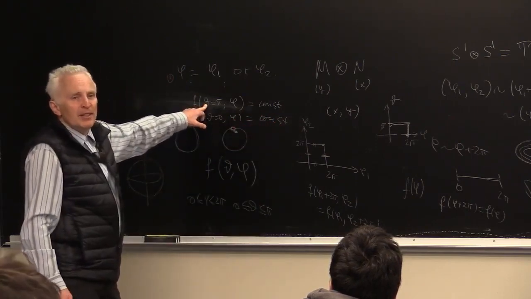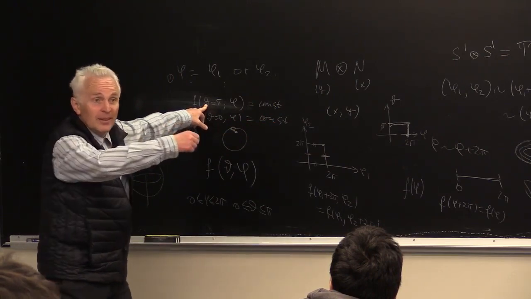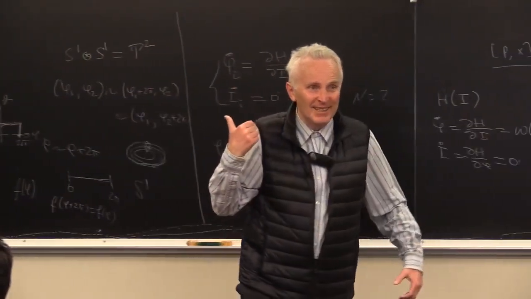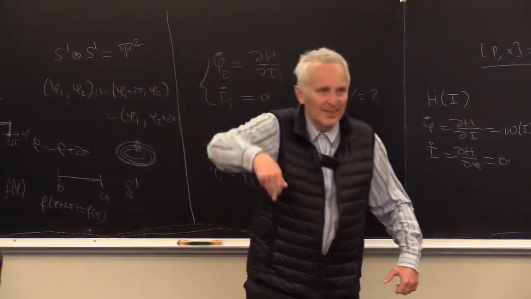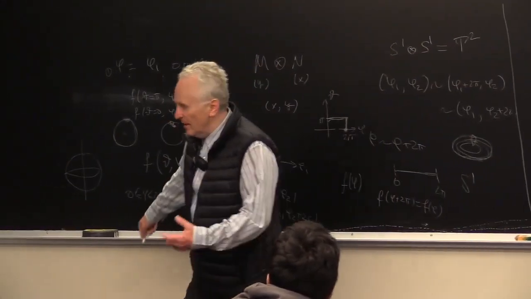What is this point geometrically? It's the North Pole. On the North Pole, a compass doesn't work. It doesn't know where to look. And this is the South Pole.